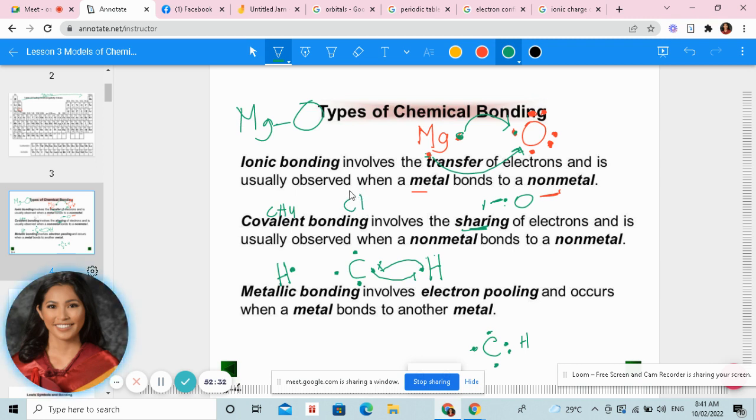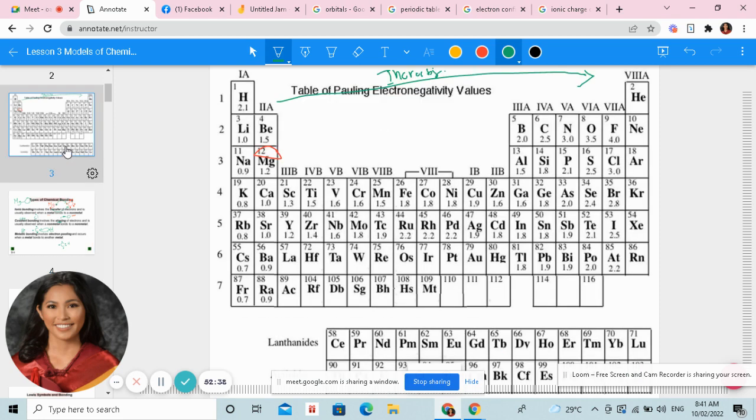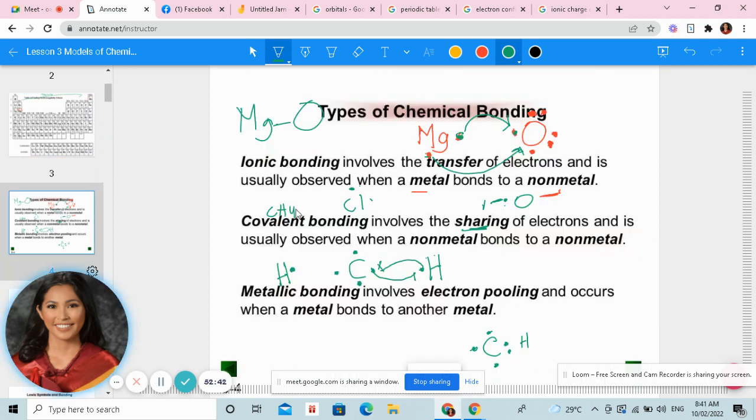Cl has how many valence electrons? 7, ma'am. Okay, we have 7.